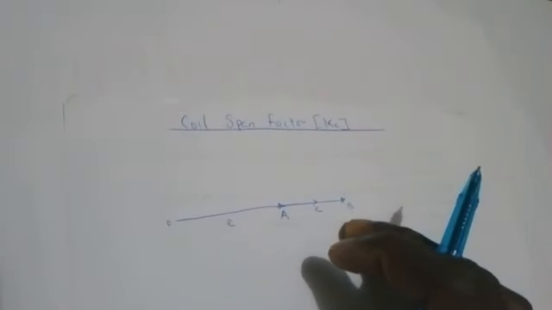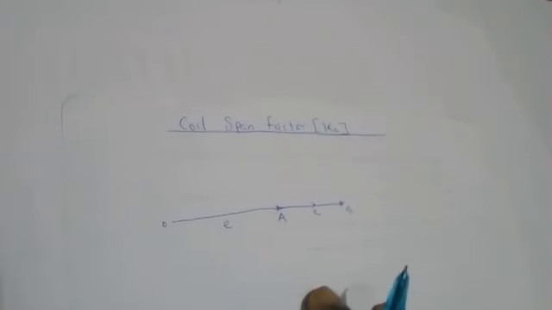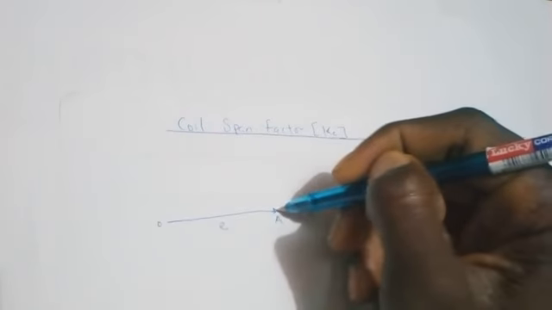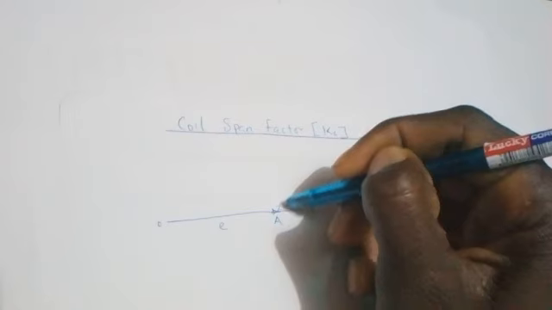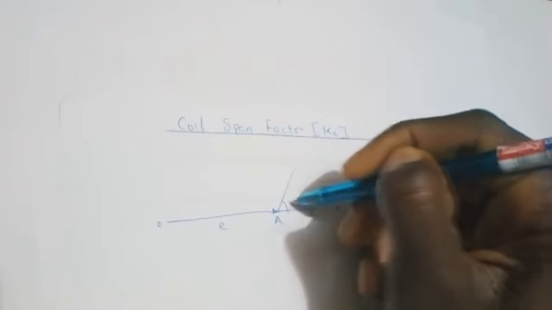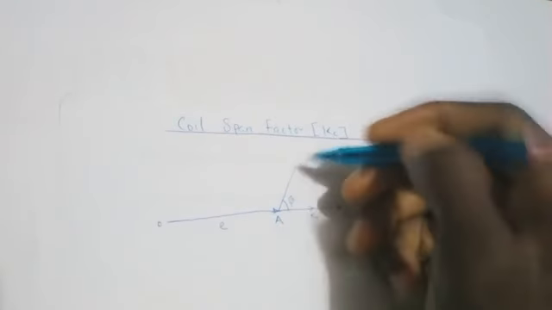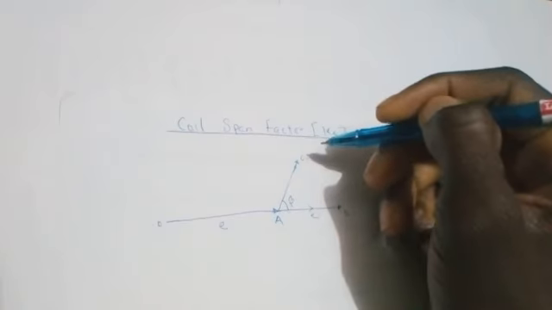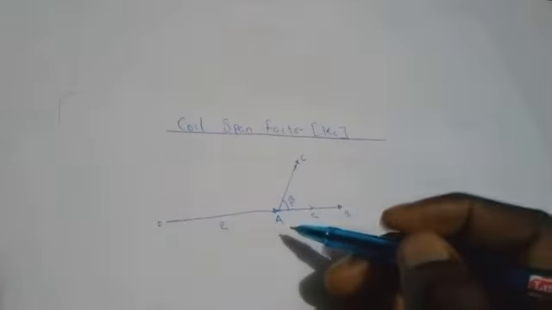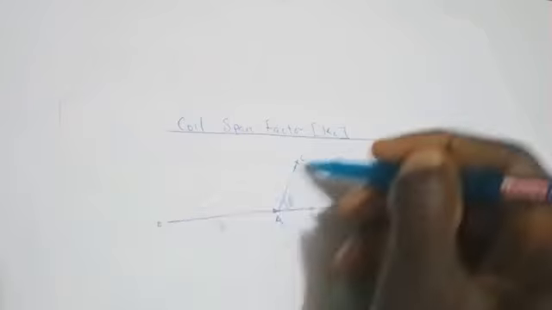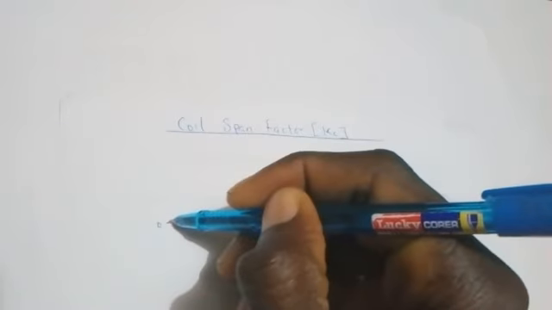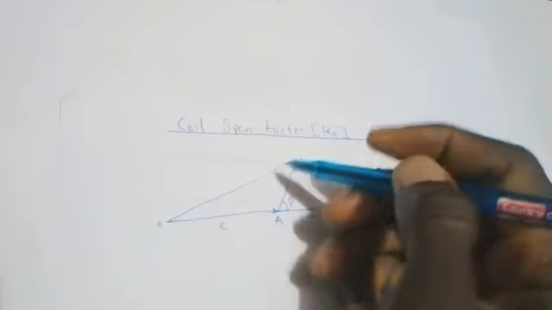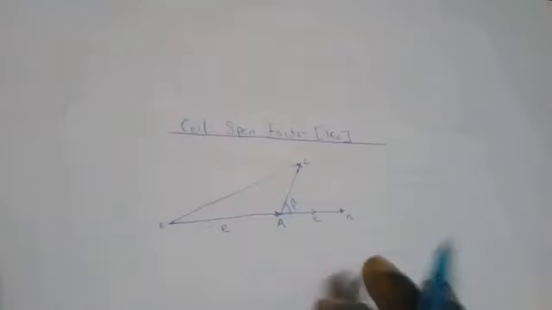But for the short pitch winding, this is going to deviate at an angle beta from here. This is beta. So I'm going to have a point here. Let me call this C. From here to here will now be the short pitch winding, OC.